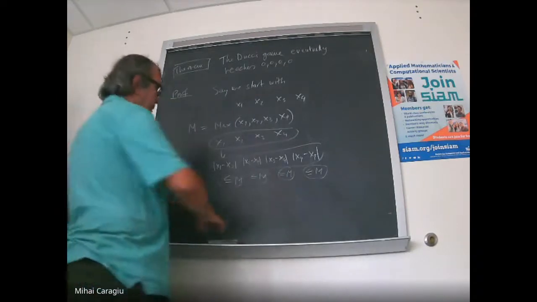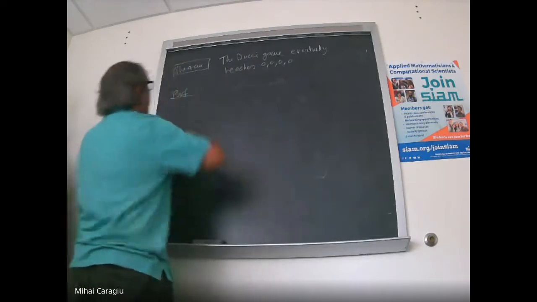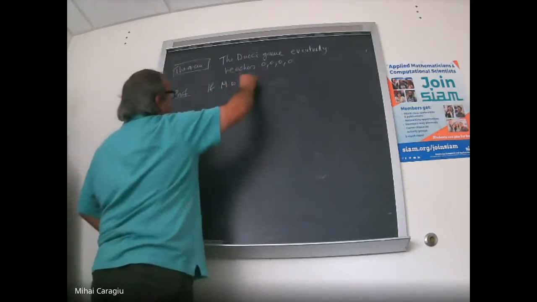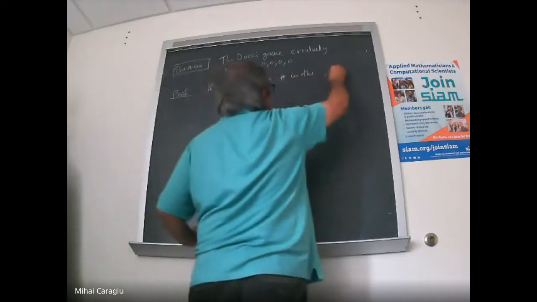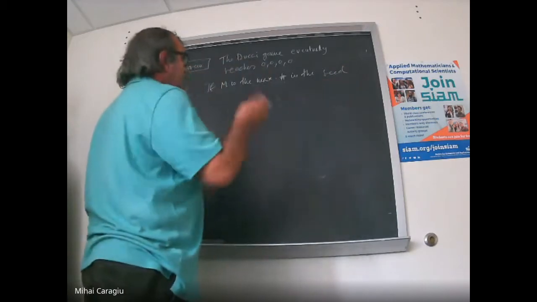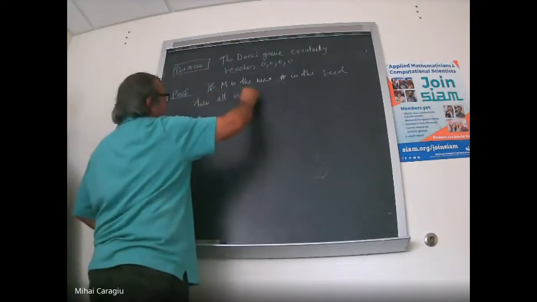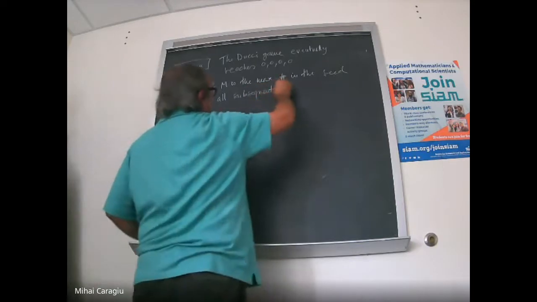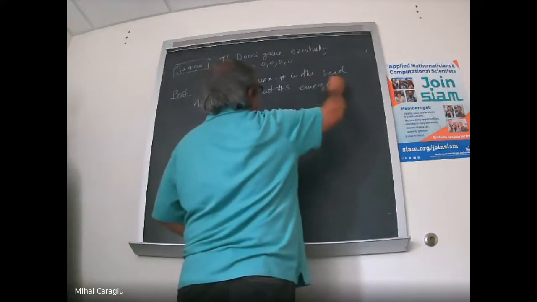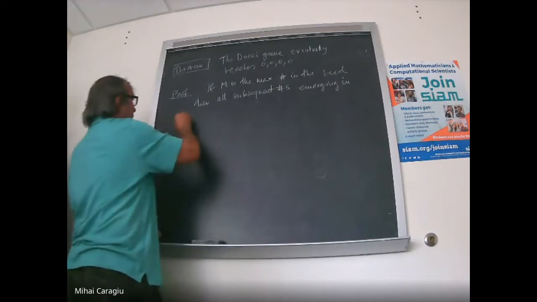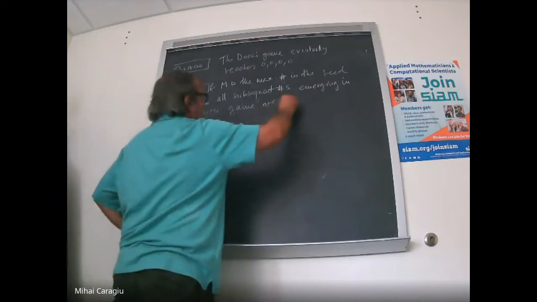So what did we prove here? We just proved that if n is the maximum number in the seed, meaning the first sequence of four numbers, then all subsequent numbers emerging in a Ducci game are less than or equal to n.